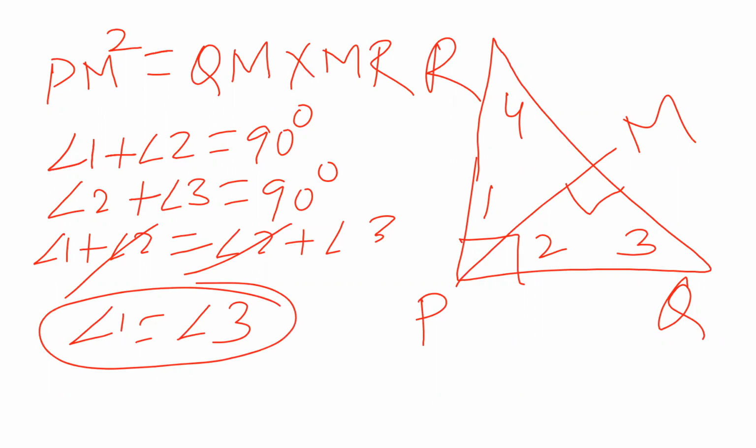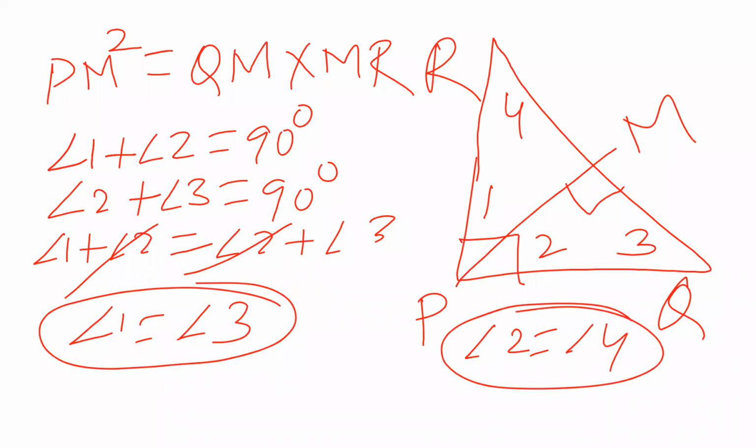Angle 1 equal to angle 3. So 2 will be equal to 4, right? So angle 2 equal to angle 4. Third angle. Got it. Now both triangles are similar. Now you can take the ratio. Clear?